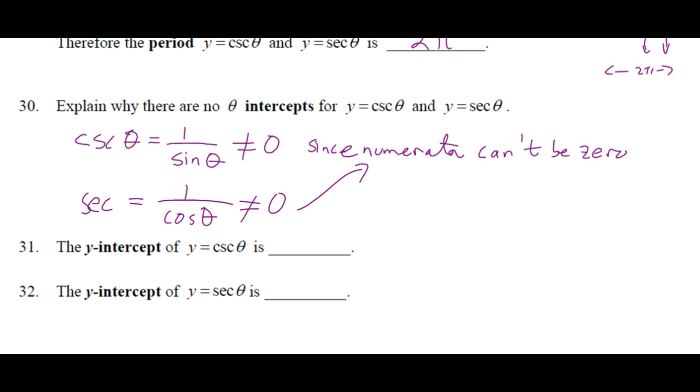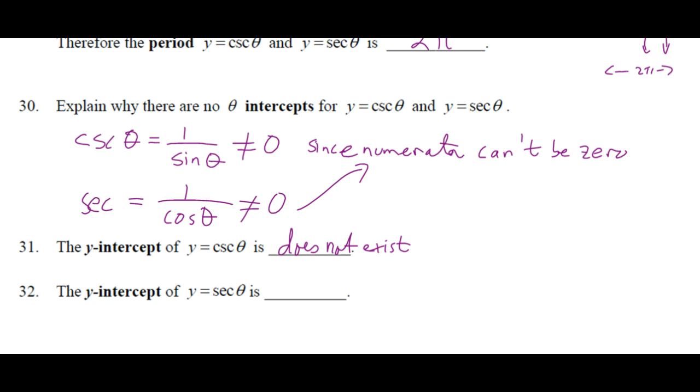Y-intercept of cosecant. Really? It went through 0? So what's the y-intercept? There isn't one. Does not exist.